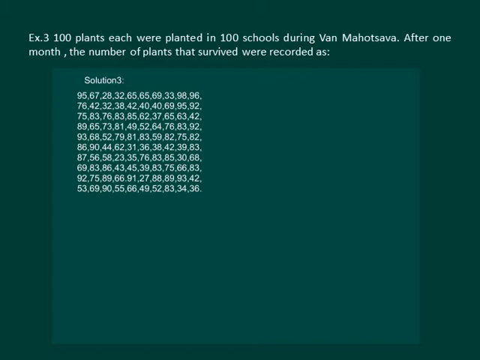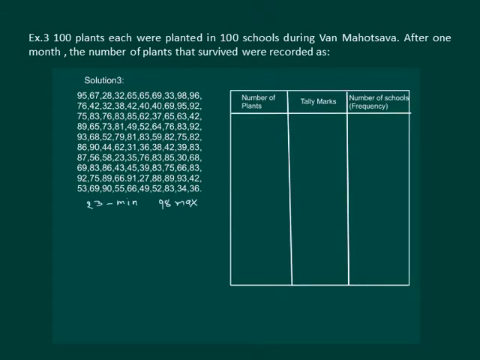For that, we notice that the lowest number in the data is 23, while the highest entry is 98. We decide to condense our data into groups like 20 to 29, 30 to 39, and so on.